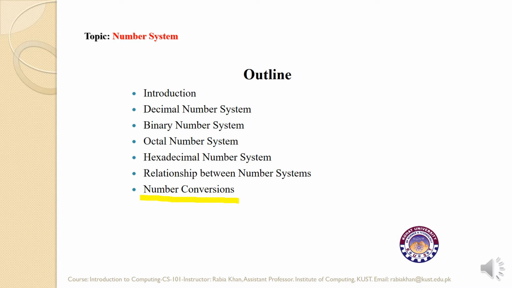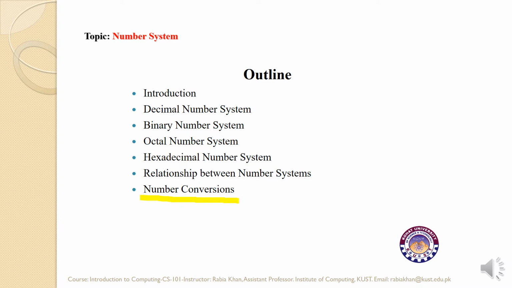What we have done so far include 3 conversions for decimal number system, that include decimal to binary number system conversion, decimal to octal number system conversion, and decimal to hexadecimal number system conversions. So a total of 3 conversions for decimal number system.